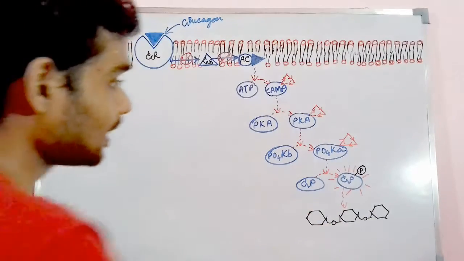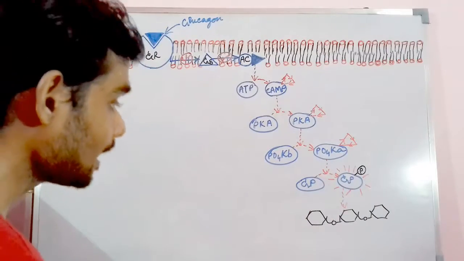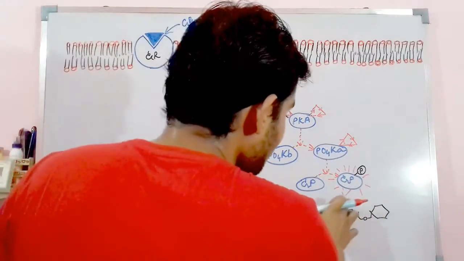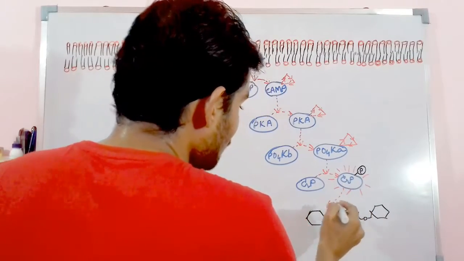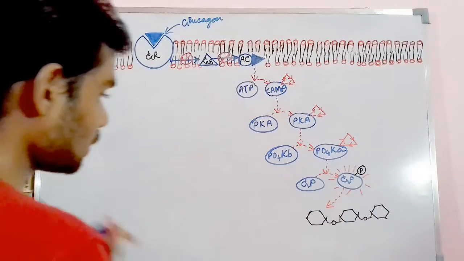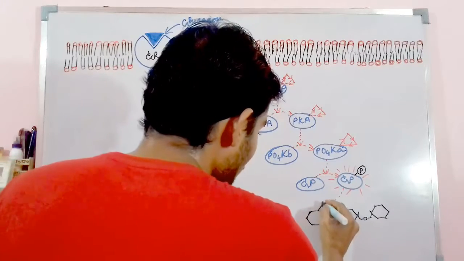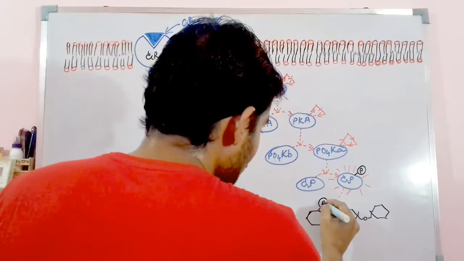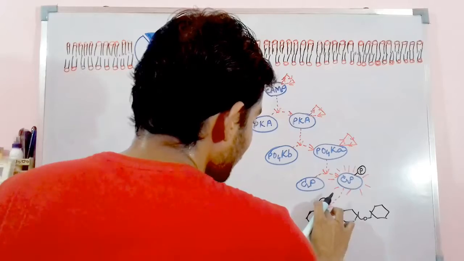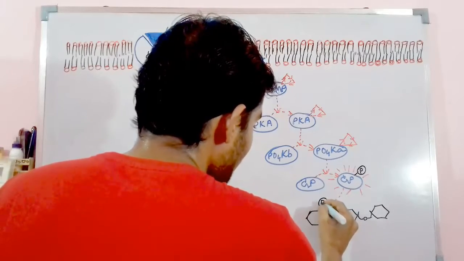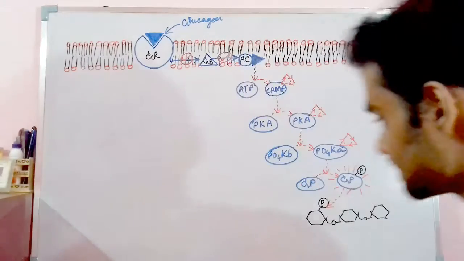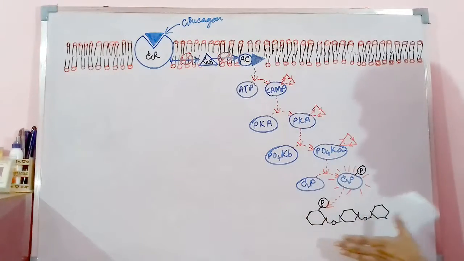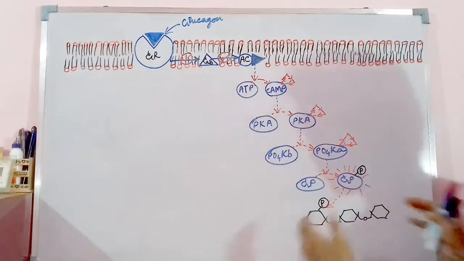Now this glycogen phosphorylase would help in donating the phosphate group to the glucose subunits, the glucose monomers present within the entire glycogen polymer.